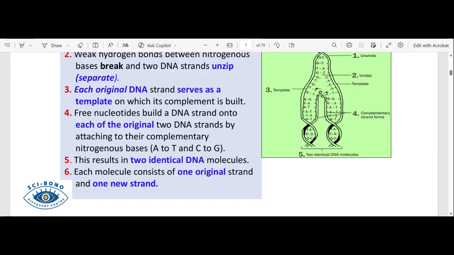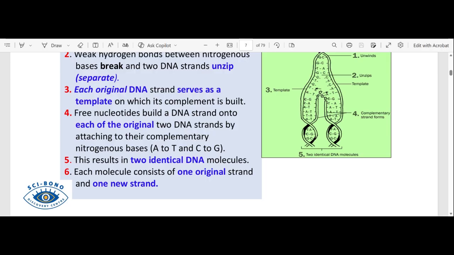Okay, the third point is that each original strand serves as a template on which its complement is built. Each original DNA strand serves as a blueprint in order to form a complementary strand using free DNA nucleotides in the nucleoplasm.